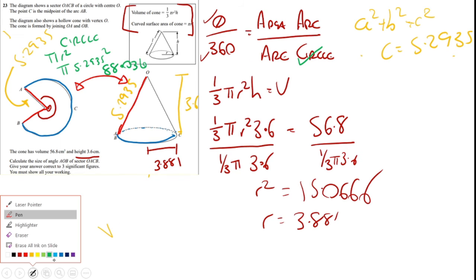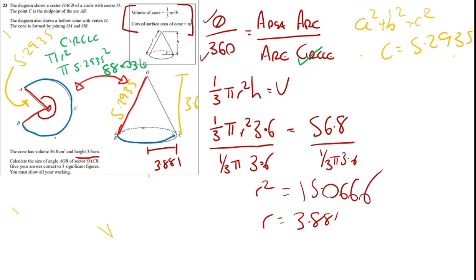Now the only thing I need to do is my area of my arc, and you might think I'm running out of things to work out here, but my area of the arc actually turns out to be the curved surface of the cone, because it curves around. I've got a formula for the curved surface area of the cone, which is pi r L. Again, we're working with two different radiuses here, so think about which one we're talking about. We're talking about the cone.